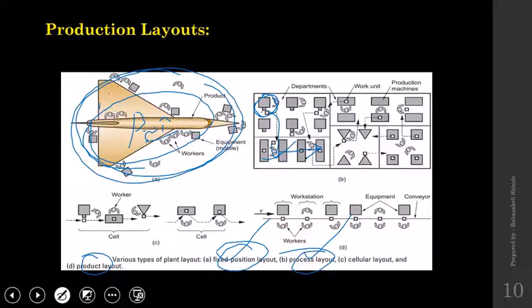Suppose this is the machining shop, and I want to send it to the paint shop, then it will go to the paint shop. If I want to send it to any other shop like the quality control shop, then it will go to another shop. In this way the object or the product keeps moving from one person to another, one shop to another.